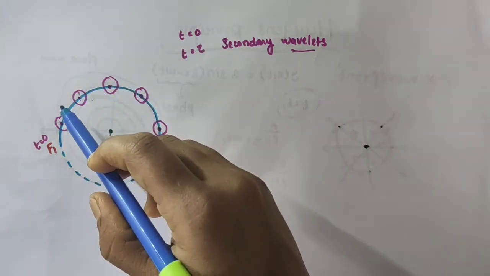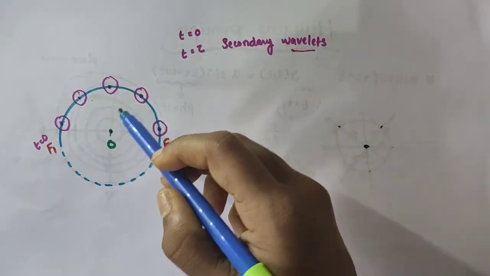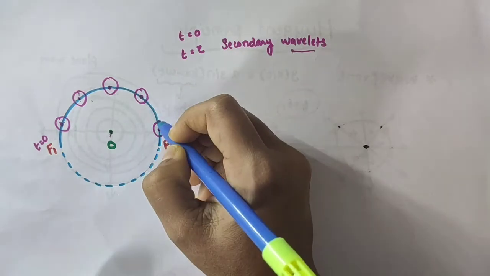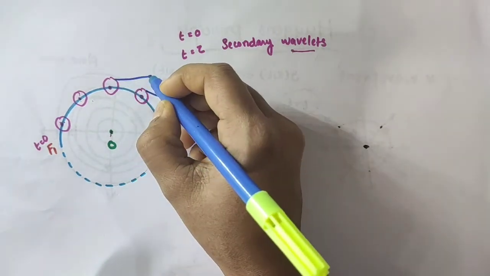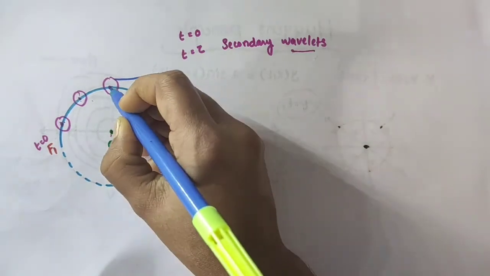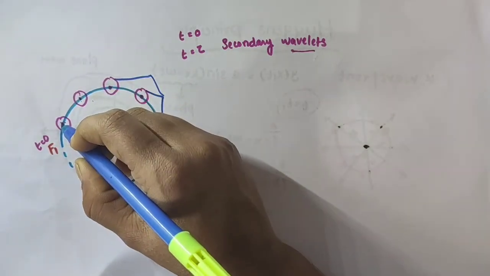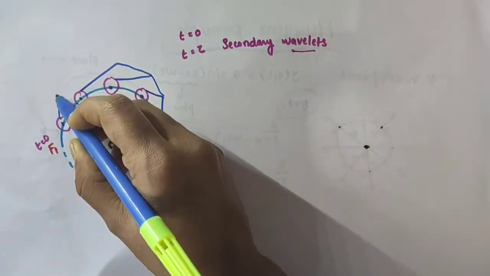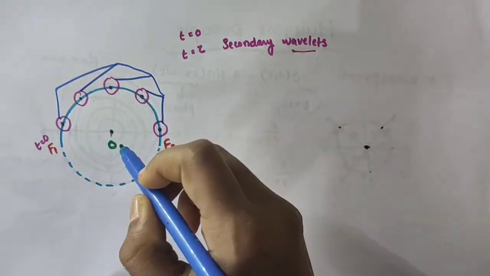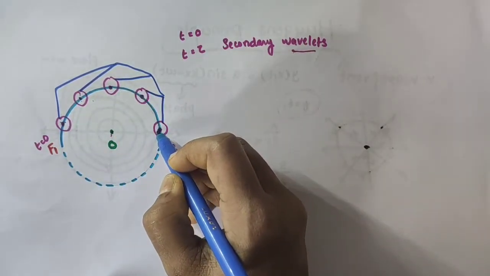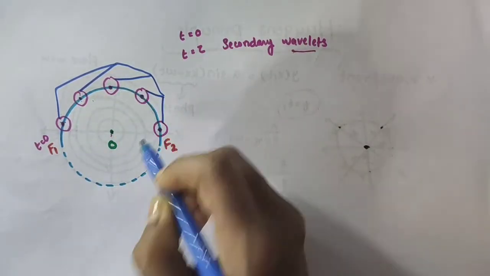These wavelets will spread out in all directions with the speed of the wave. So these things here are the secondary wavelets, and these points are the sources of secondary disturbances.